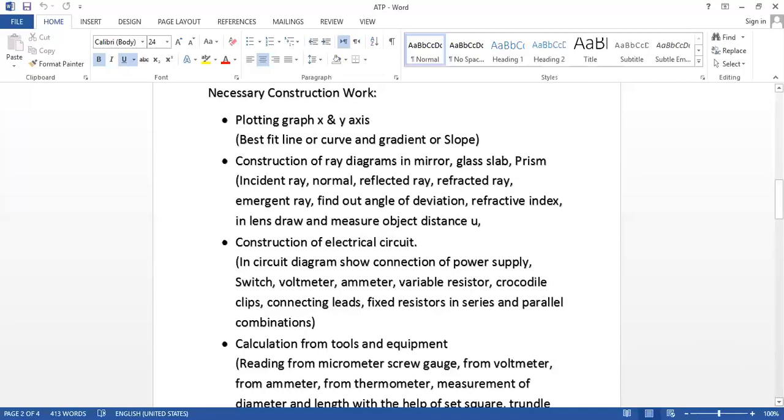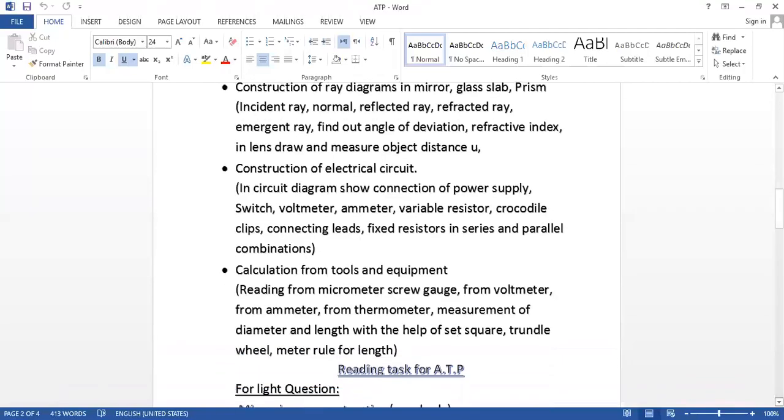Now next is calculation about equipment and tools, how to calculate different values from equipment. First you will read, for example, you will read from micrometer, how to measure values from micrometer.